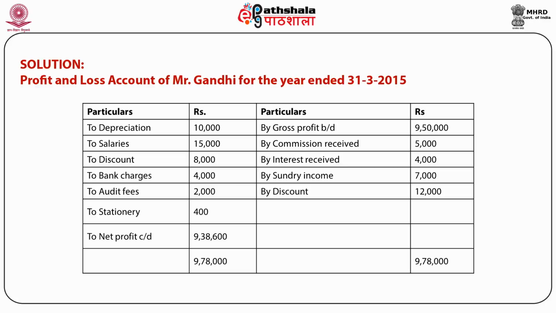In this example, the credit side is more than the debit side, which indicates that the firm is earning net profit, because its income side is more than its expenses side.